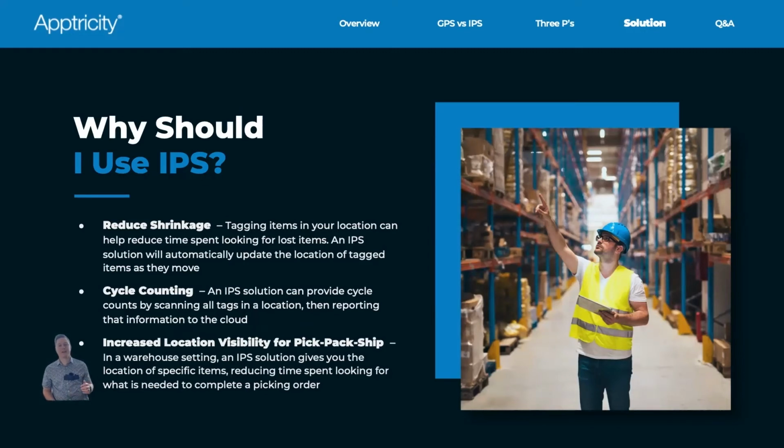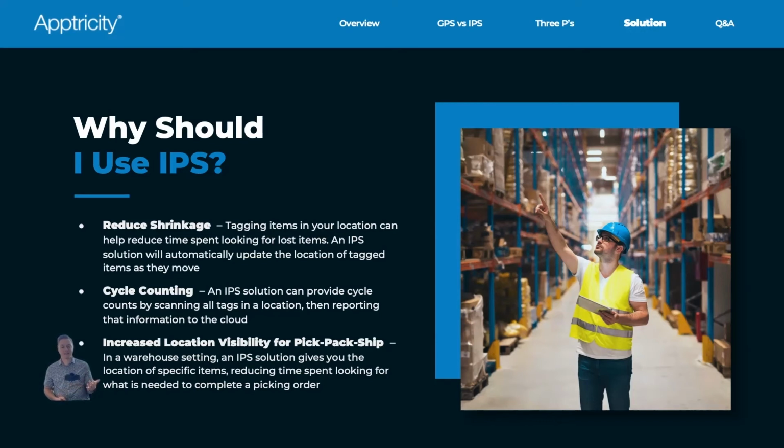You're not relying on a warehouse worker or a store employee with their clipboard of last known location, saying it moved from here to here. You have a system that's automatically doing that for you, so you don't have to worry about manual interaction.